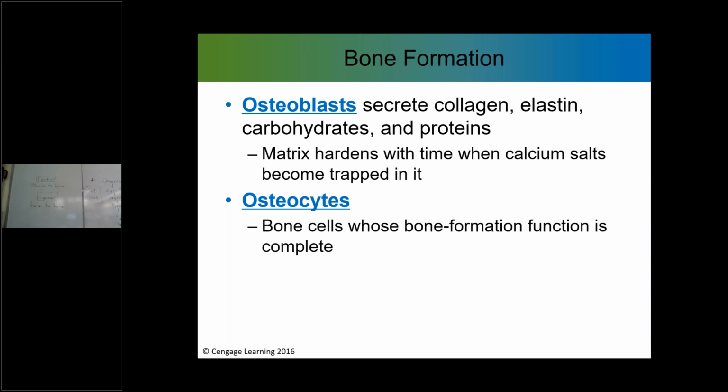So bone will break down old bone and build new bone. In order to replace the bone that you have, break down the old, build up the new. Okay, so look at this next slide here.